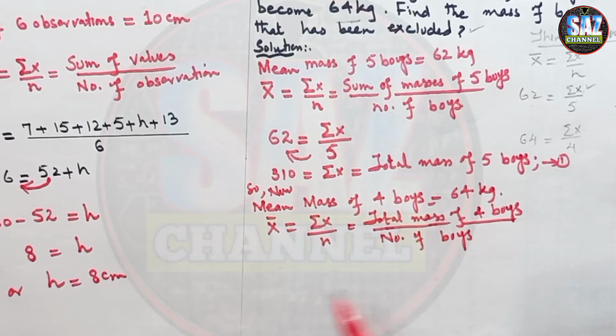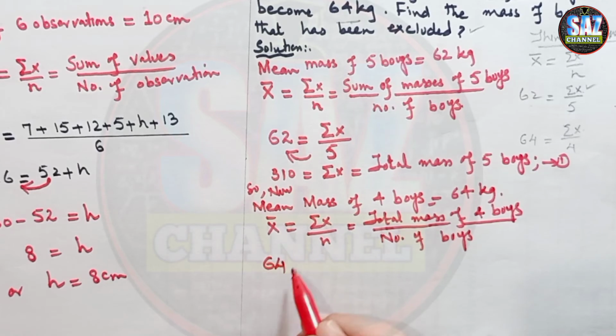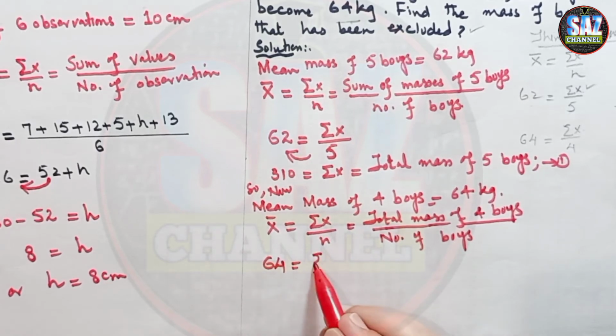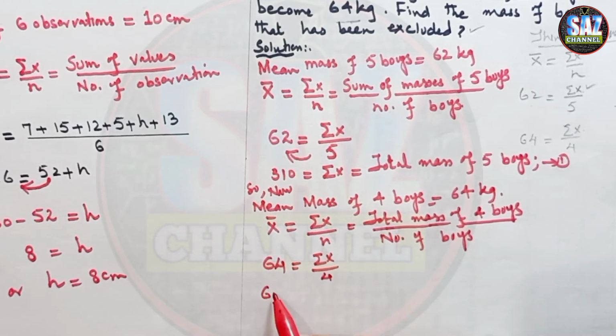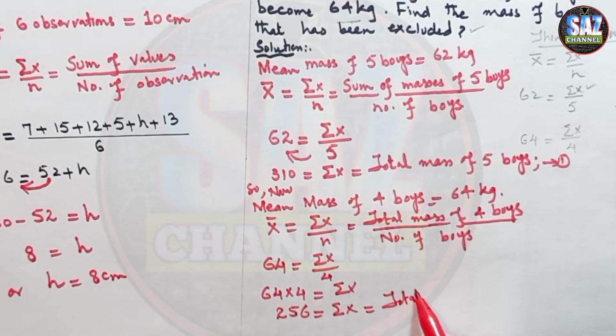Now, instead of the mean, replace 64. This is summation of x upon 4. Go for cross multiplication. 64 times 4 equals summation of x. 64 multiplied by 4 is 256. 256 is summation of x, the total mass of 4 boys.